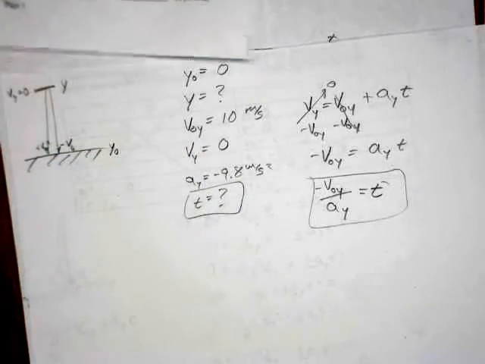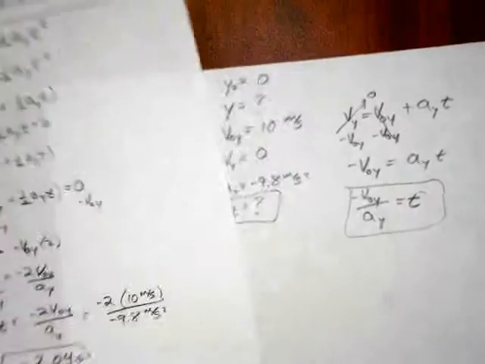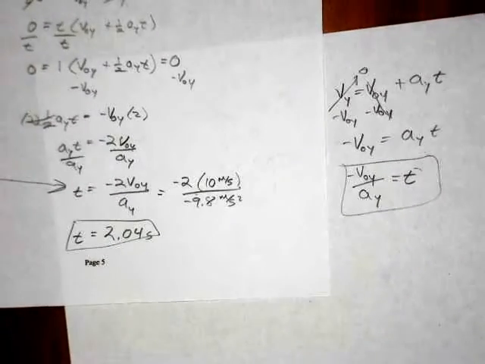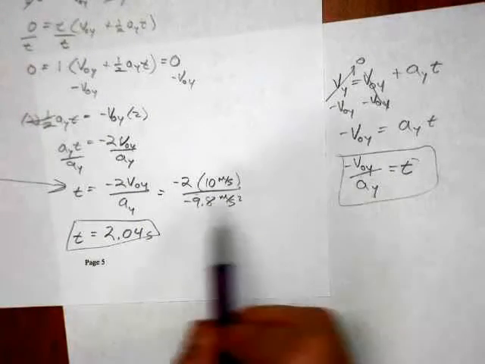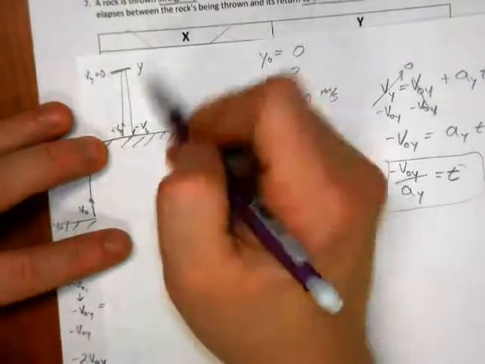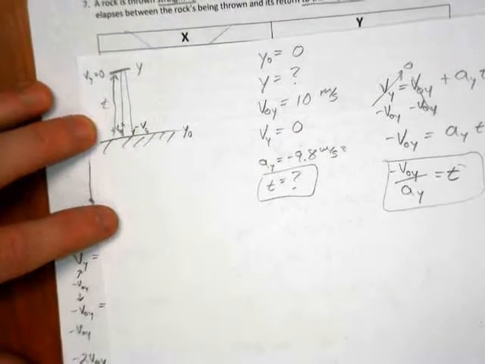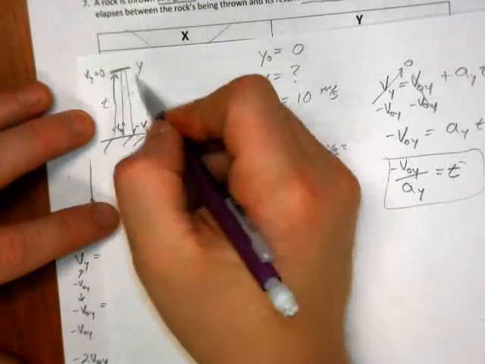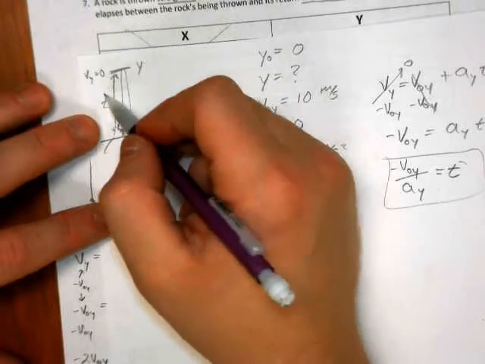If you notice, this is exactly 1/2 of what it is over here. See that extra factor of 2 there? We don't have that over here. That is because we found the time it takes to go up and stop. We didn't find the time to come back down, but we know there's one constant acceleration operating on the whole thing.